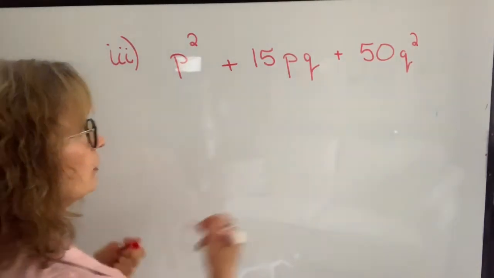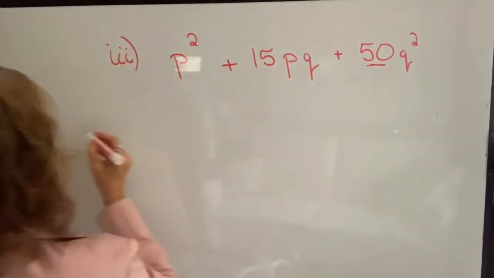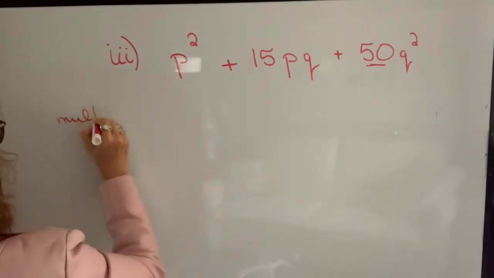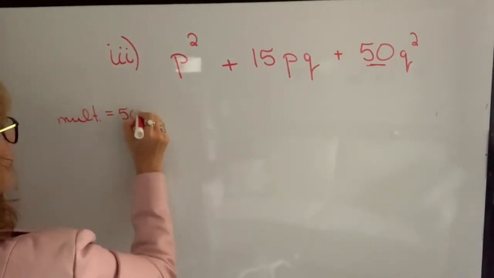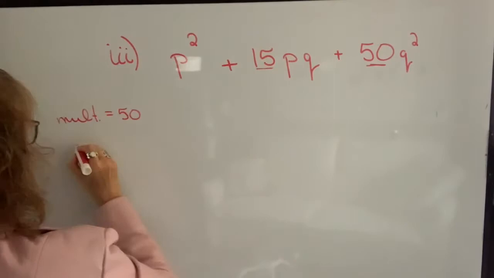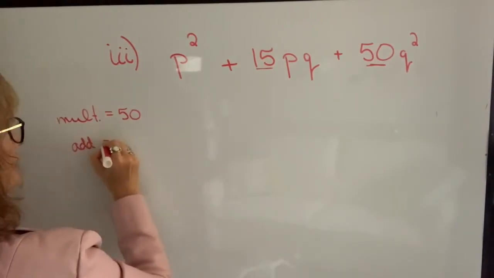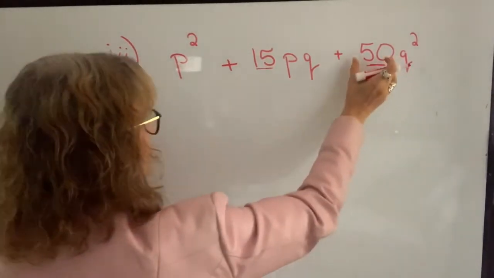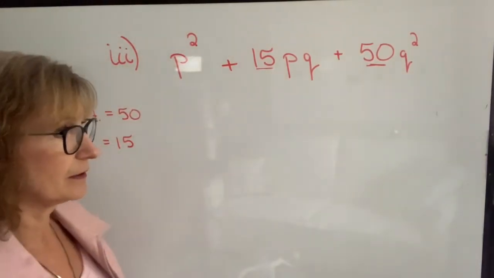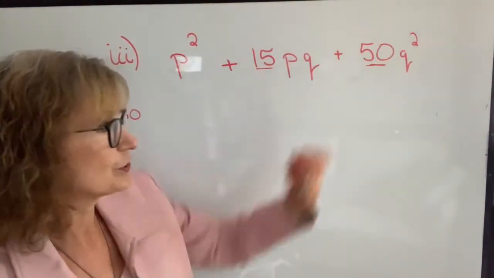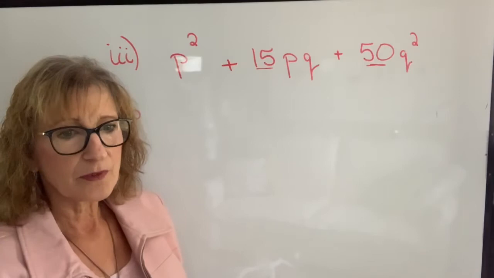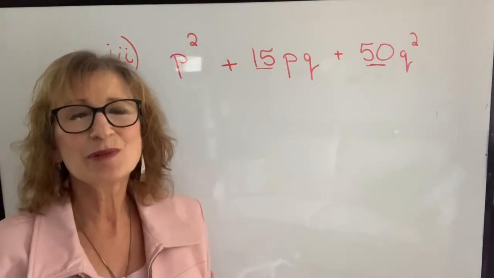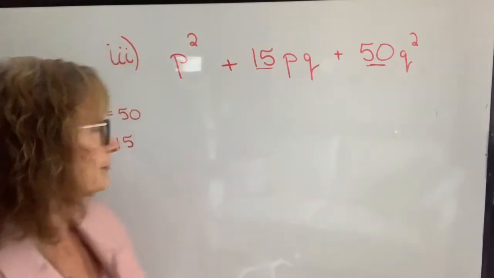So again, we look to see if we can find two numbers that multiply to equal 50 and add to equal 15. The larger the last coefficient is, and the more factors it has, it takes a little bit more time to possibly find the numbers.